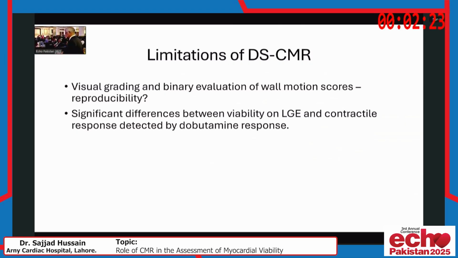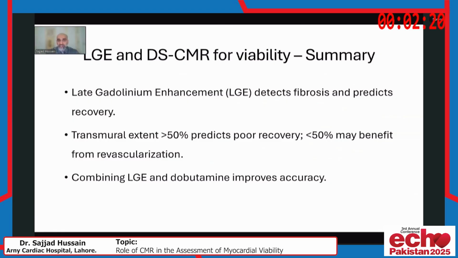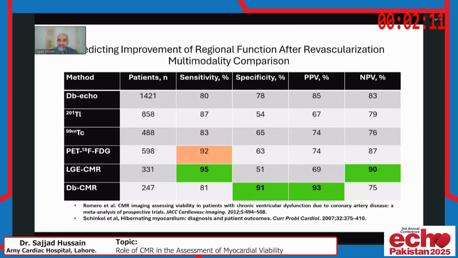So the summary so far is that late gadolinium enhancement picks up fibrosis, predicts recovery, 50% is the cutoff, and if you combine the two, it improves the accuracy. If we look at this data, we see that the dobutamine echo has a high sensitivity, and similarly, the late gadolinium enhancing CMR has a higher sensitivity but a lower specificity.